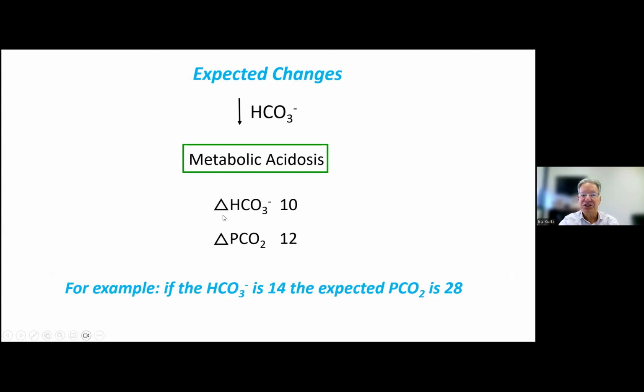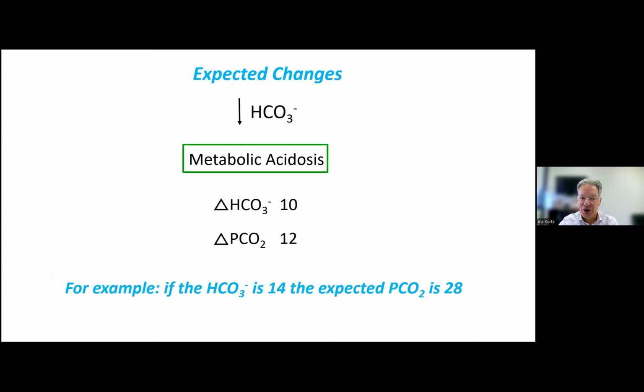And the change in each of these from normality is known. It's empirical from studying a large number of patients. It's known that for every 10 fall in the bicarbonate, the PCO2 falls about 12. It falls a little more than the bicarbonate fell. Some people use the Winters formula if you want to use that, but we tend not to use an equation for the other acid-base disorders.